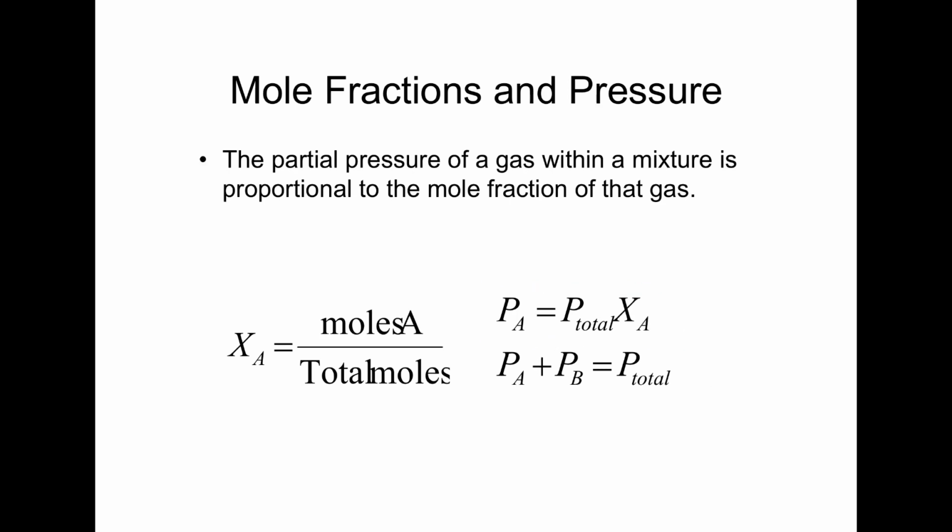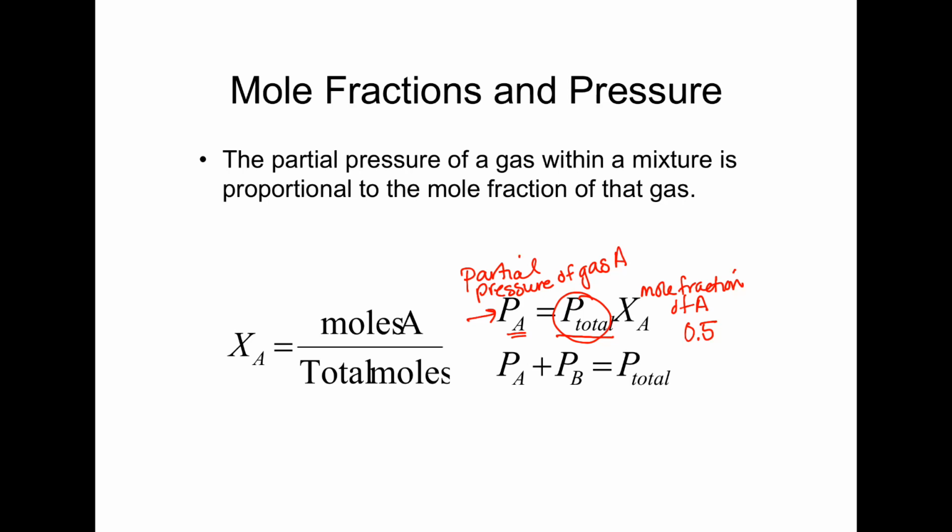What that equation is saying is that the partial pressure, so remember, partial pressure just means the pressure of one gas, of gas A, is equal to the total pressure of all the gases times the mole fraction of A. So if we knew that gas A took up 50% of all the moles, so its mole fraction would be 0.5, then its partial pressure is going to be 50% of the total.